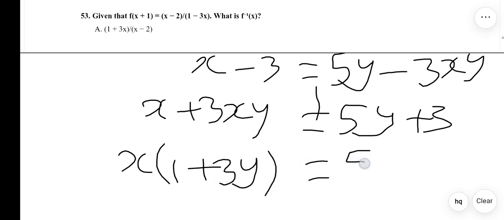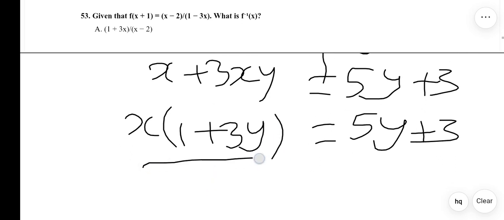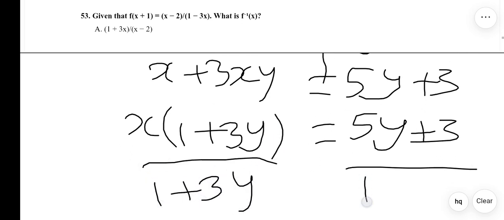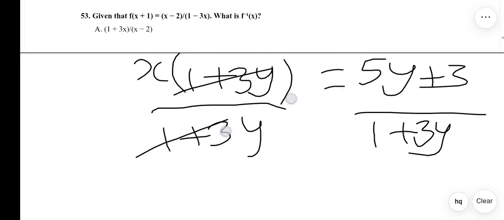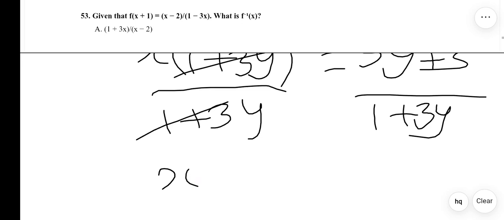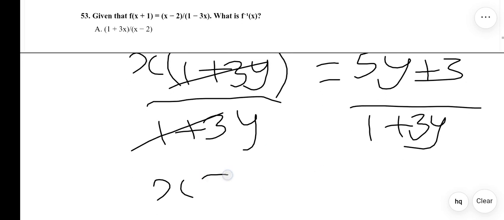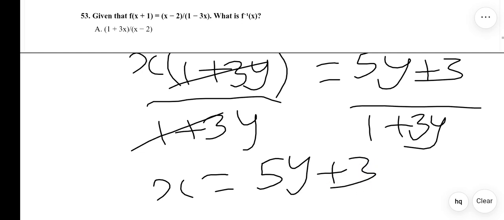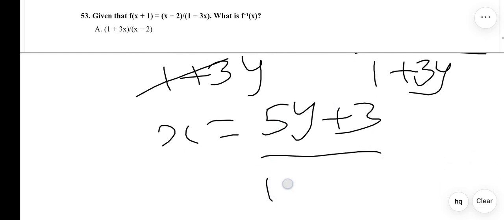Then I have 4y plus 3. So then I'll divide both sides by 1 plus 3y. So this will cancel this. So my x will now be 4y plus 3 all over 1 plus 3y.